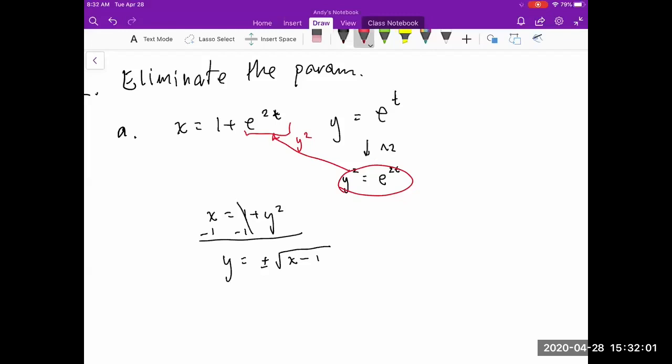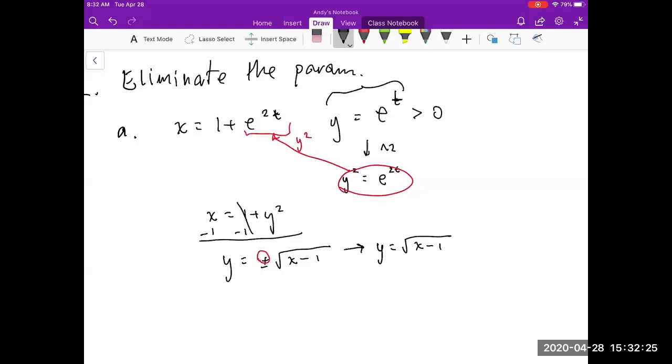Now, it's a little particular because notice for our y equation, y is equal to e to the t, and for all values of t, e to the t is positive. Meaning, if y is equal to the square root of x minus 1, we'll take the positive root only. So in reality, this is y is equal to the square root of x minus 1.